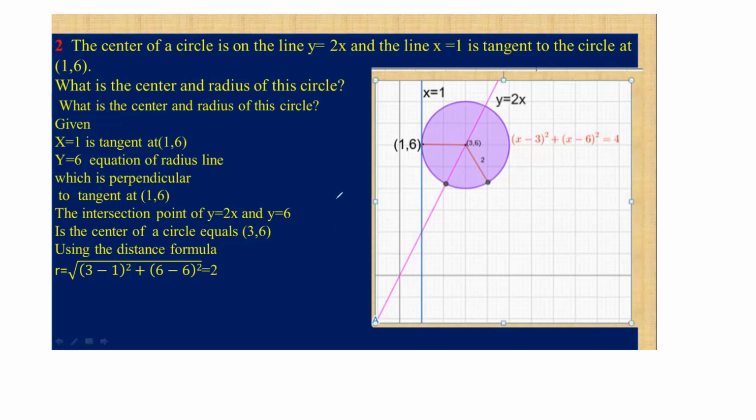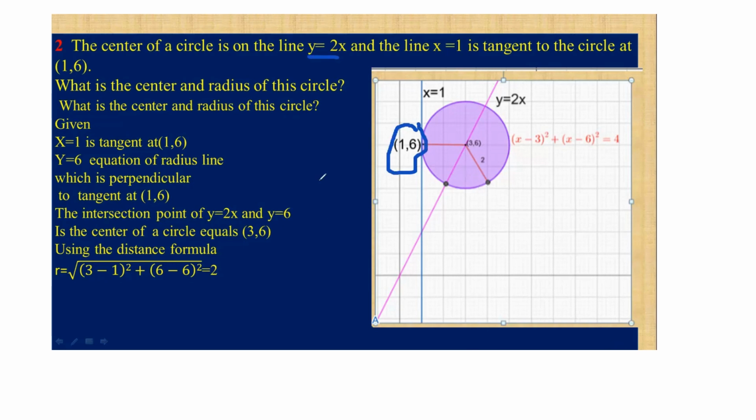Here y equals 2x passes through the center of a circle, and x equals 1 is tangent to the circle at the point (1, 6).